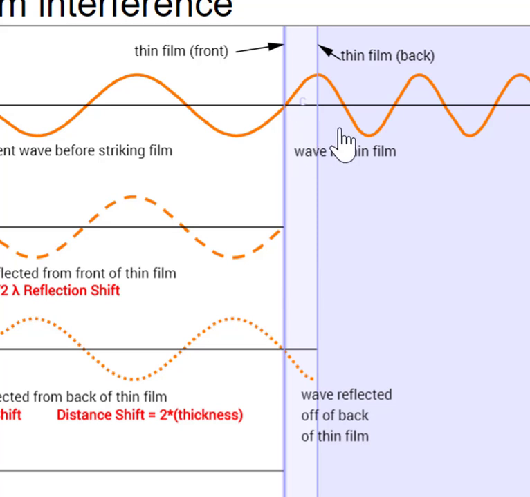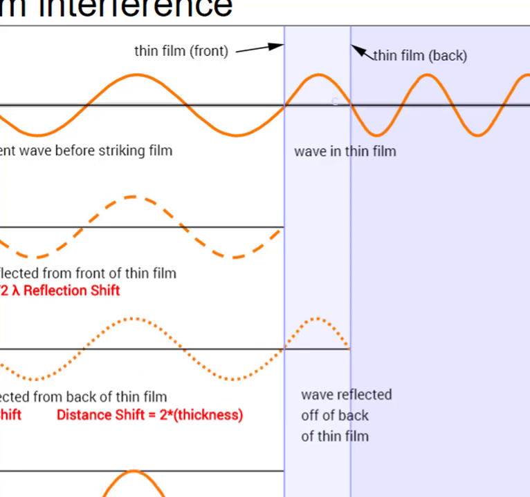So instead of 1/4 of a wavelength, if we shift it so we have 1/2 of a wavelength, now we have a full 1/2 of a wavelength coming in, and then 1/2 of a wavelength coming back out.